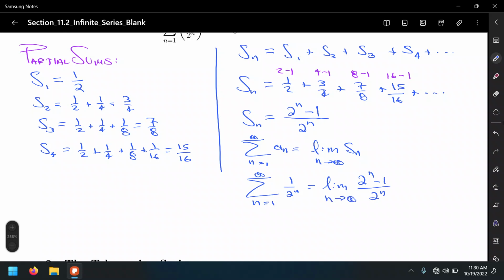There's a couple of ways to go about it. Number one, direct substitution gives infinity over infinity, because that's 2 to the infinity over 2 to the infinity. This would be an indeterminate form, infinity over infinity. This means we can use some algebraic techniques to compute this limit, or L'Hopital's rule, or anything you can think of.